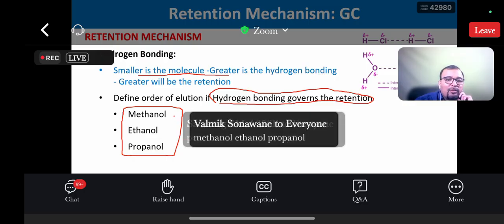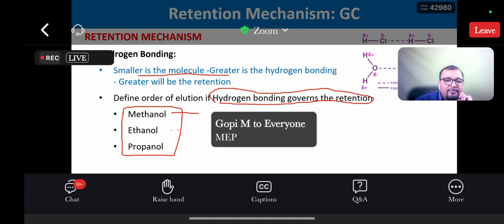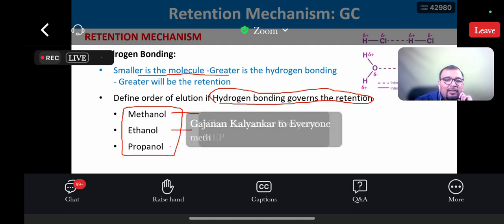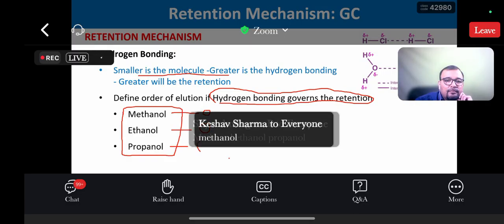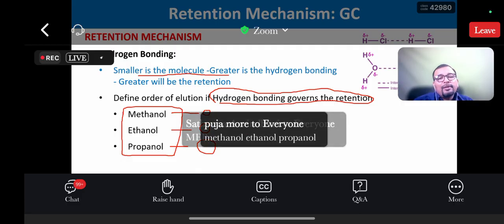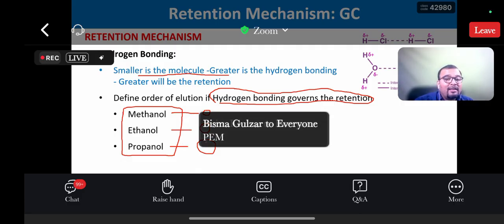So which one is smaller? Methanol is smaller, right? If methanol is smaller, what should be the retention of methanol, less or more?